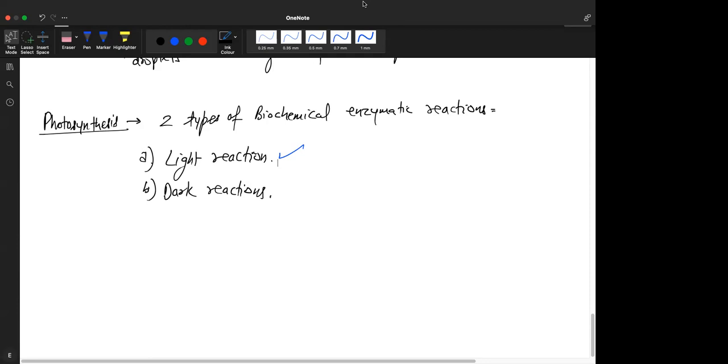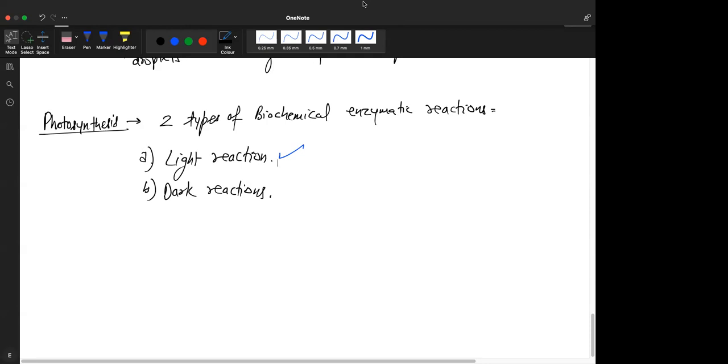Yes. Now the dark reactions just utilize these molecules and do the further chemical reactions. They are independent of sunlight, but they are dependent on the products of the light reaction, which are ATP and NADPH. So dark reactions can happen at any given time, during the day and during the night.